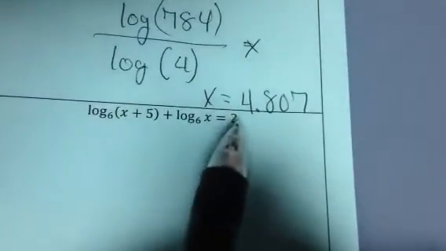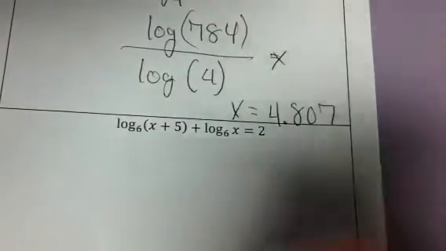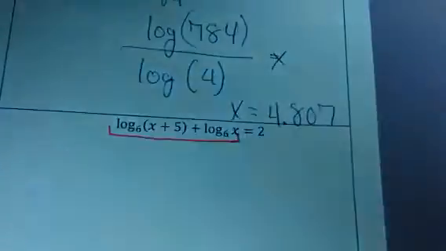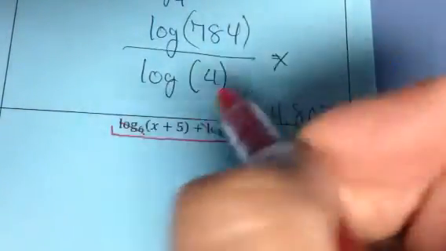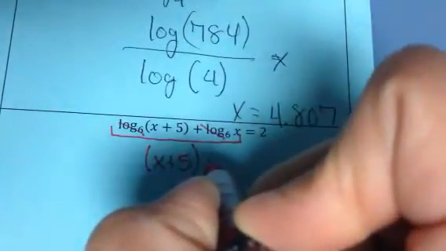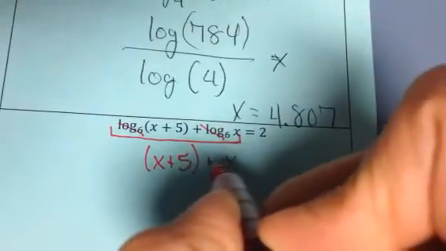All right, next one. So here I have a constant. So I'll be making this log into an exponent, but I can't do that until it's one log. So we're going to go back to the condensing, those first couple problems, and I'm going to ignore these logs. And I'm going to look at x plus 5 plus x, and I'm going to turn this plus, not this, because this is part of the log, into times.